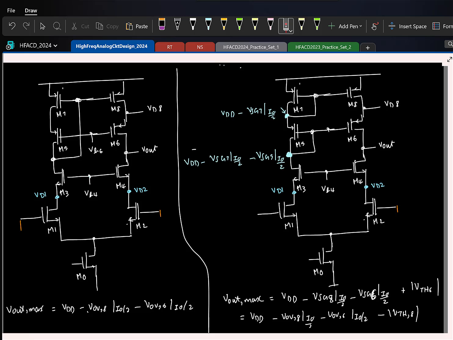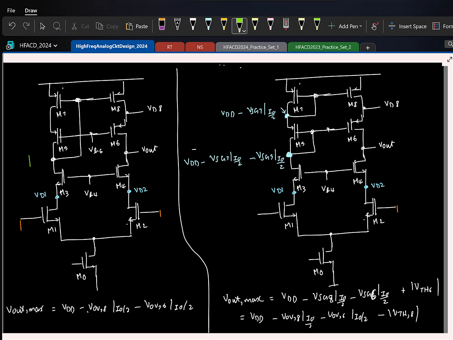See, here also it might be tempting to say that the maximum output can reach is VDD minus drain to source voltage of this minus drain to source voltage of that, right? But the main difference is you could do it here because the gate voltage was free for you to connect. That's why I was highlighting the point that for the output to reach this, VB6 has to be the maximum voltage that we computed earlier, right? Whereas here that VB6 is fixed, so which means that's what you can get. Is the point clear?